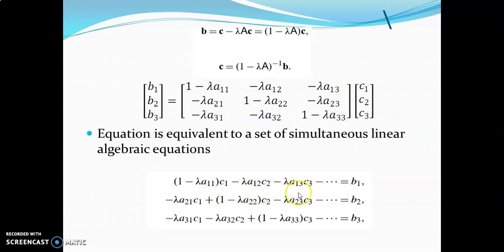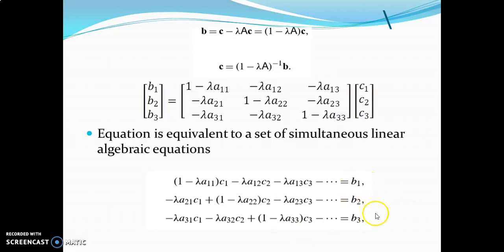So solving this, we can find the values of C1, C2 and C3. If C1, C2 and C3 are known, the solution is given by f of x plus C1 m1 plus C2 m2 plus C3 m3. So this can be solved using matrix method or using Cramer's rule.